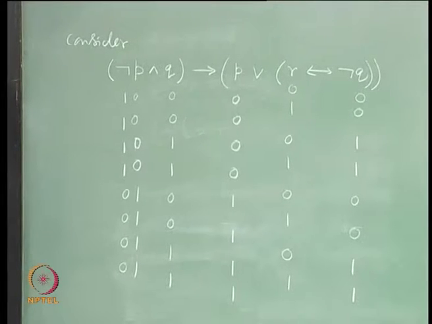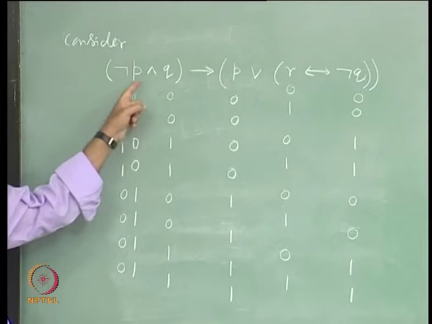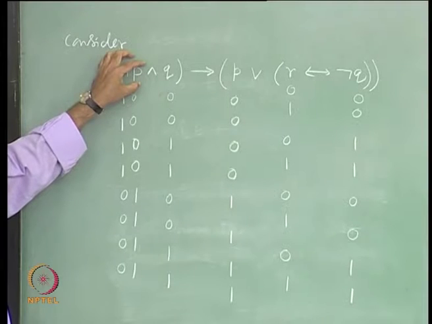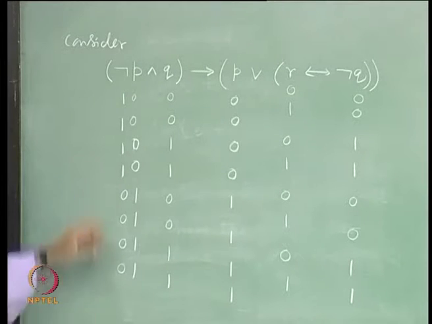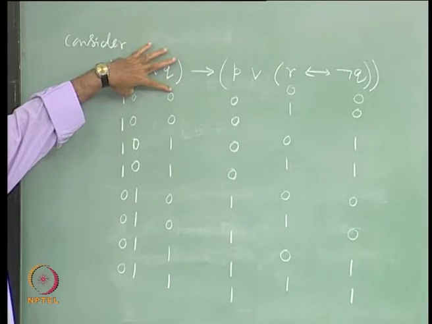Okay. Now, when you take not p and q, precedence says it is not to be interpreted as not of p and q. What it means is not p is to be evaluated first, then that along with q should be ANDed together. So, with this first column and the third column we have to follow the rules of AND.